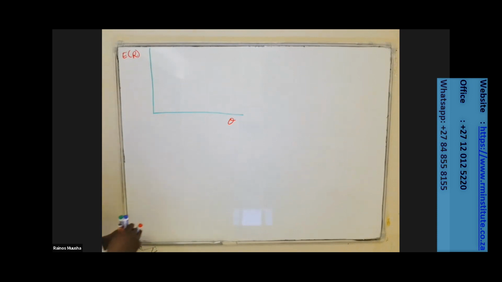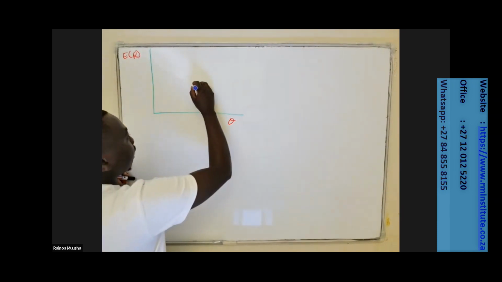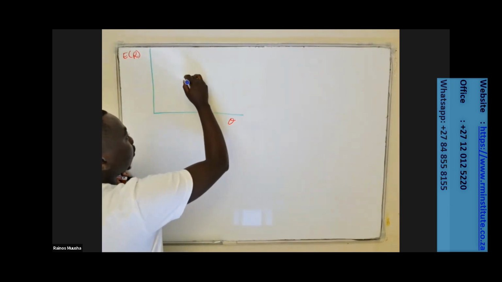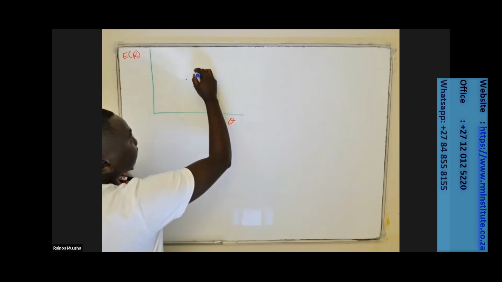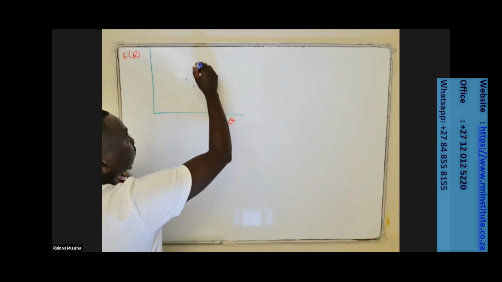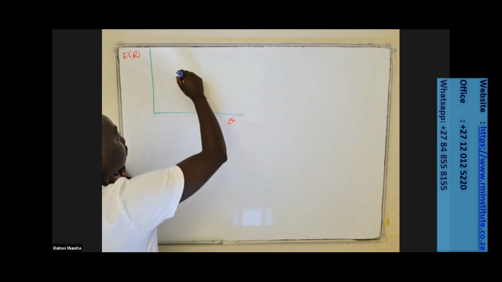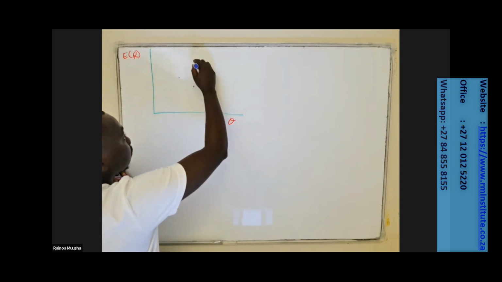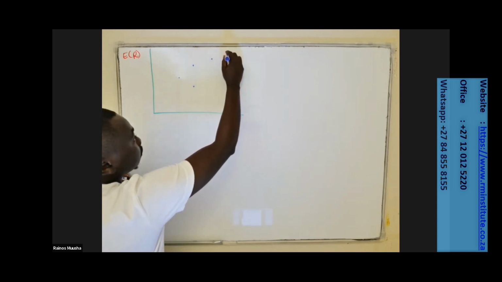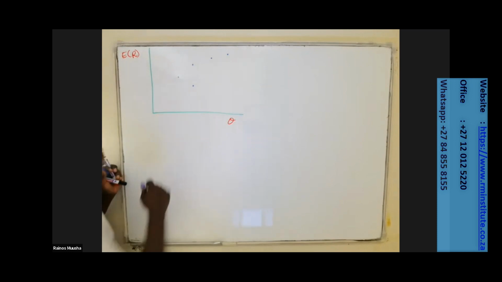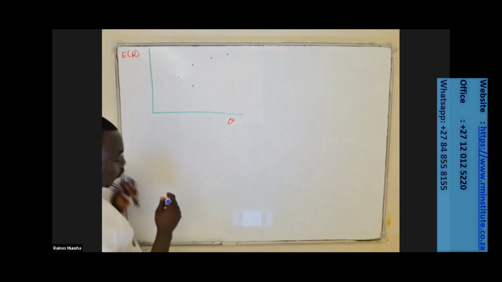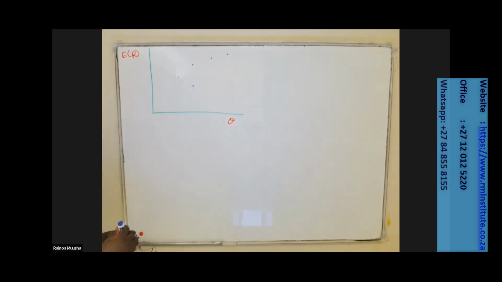And the information that we have is that we are coming up with a graph which is more or less something like this, right?